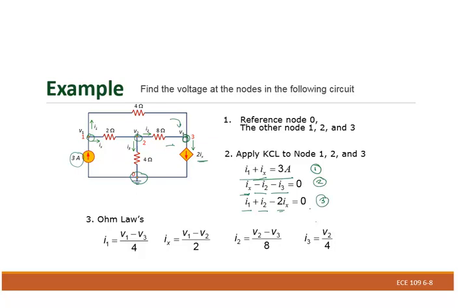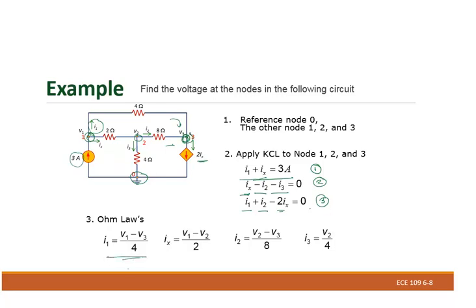Next step, write the current as a function of the node voltages. Looking at I1, I1 is given by V1 minus V3 divided by 4 ohms.